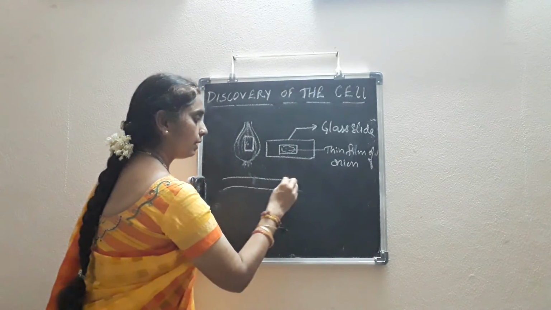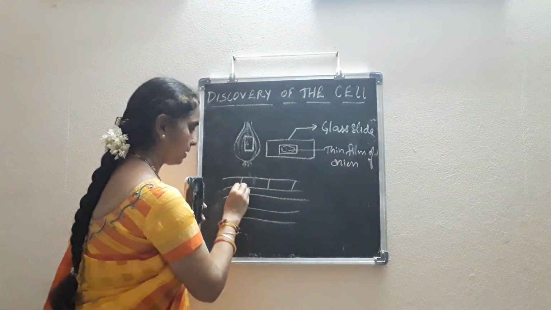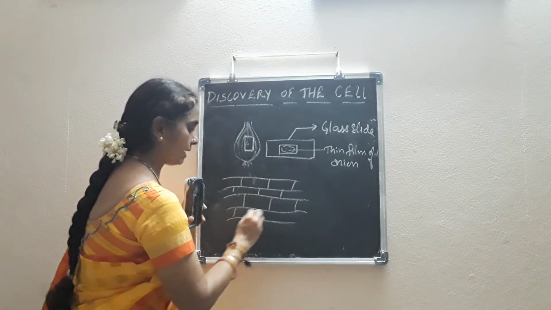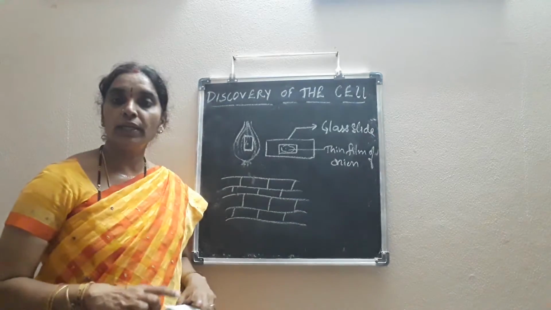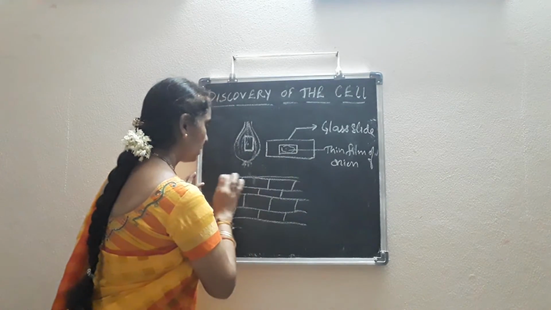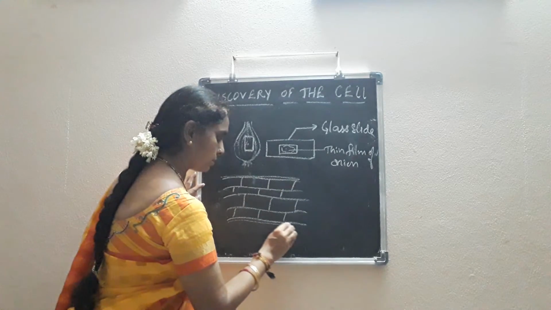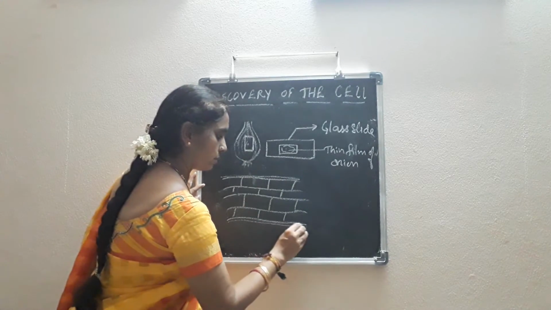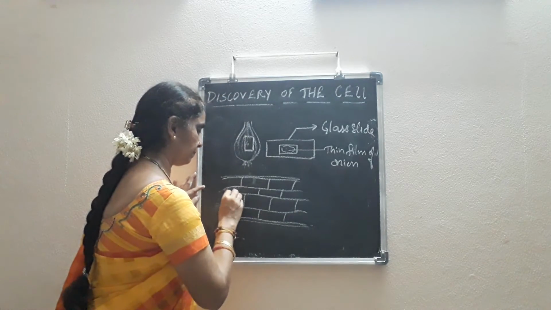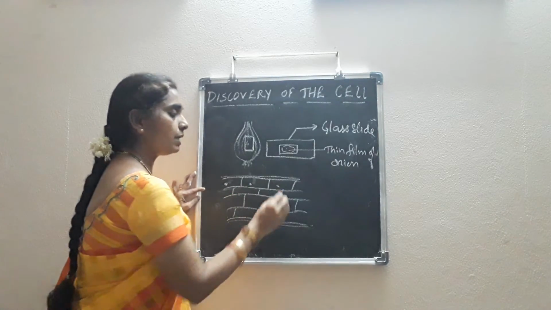They are in this manner. This is a plant cell. Onion is a plant cell. It has a cell wall, and there is a nucleus in every room.